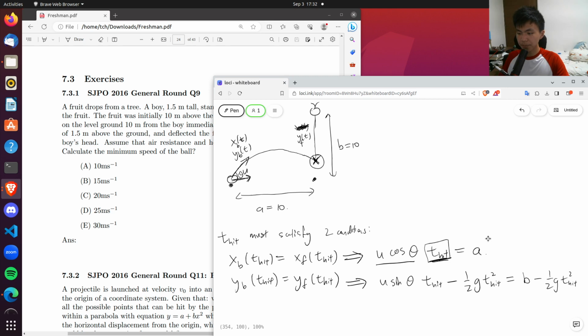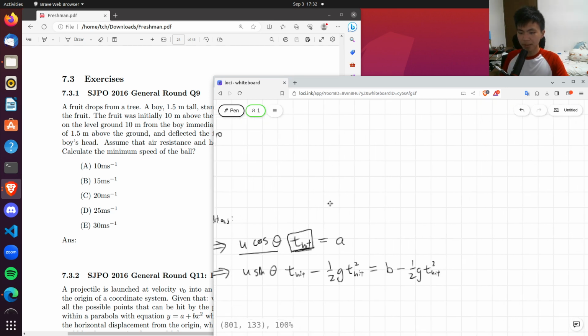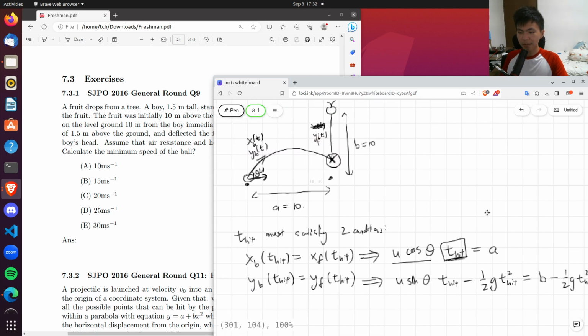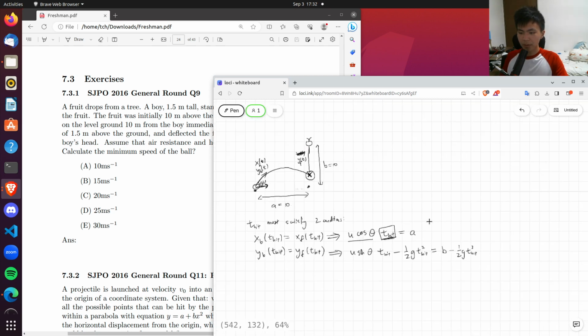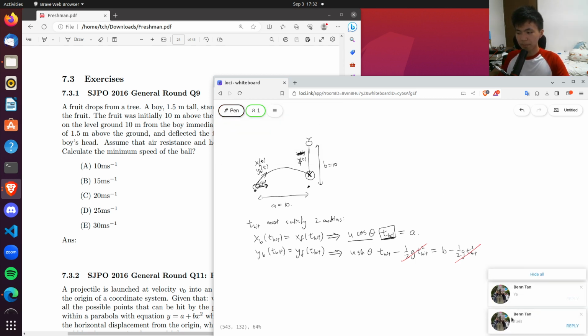All right, so you see something very nice over here: if I take a look at these two equations, then one can realize that the half g t squared can be cancelled out, and what we're actually left with is an equation that can tell us the angle at which we need to project it.